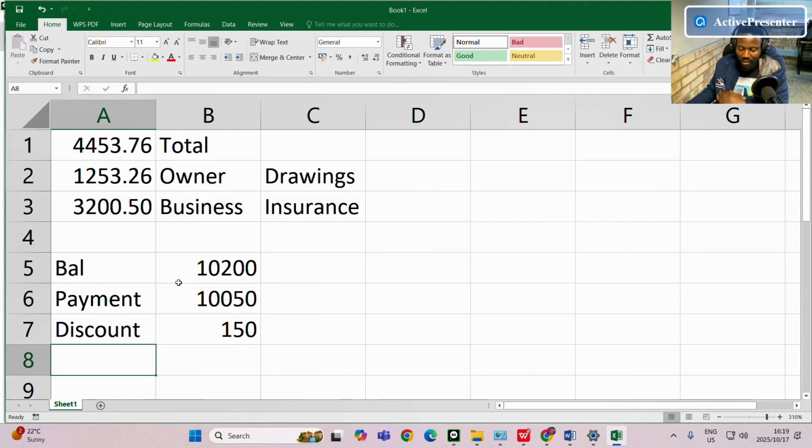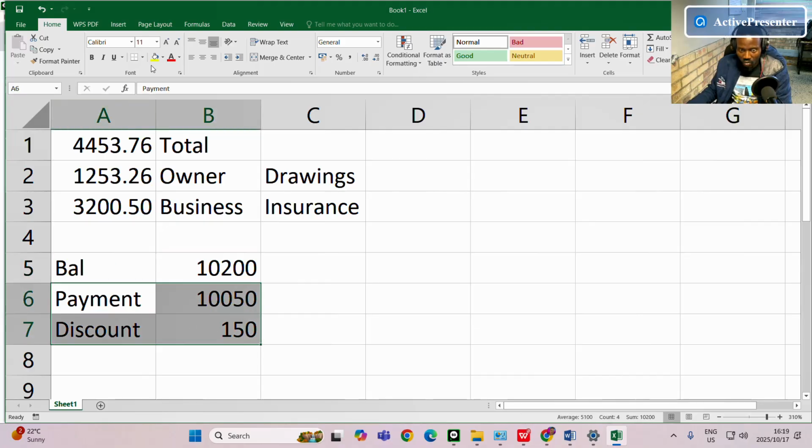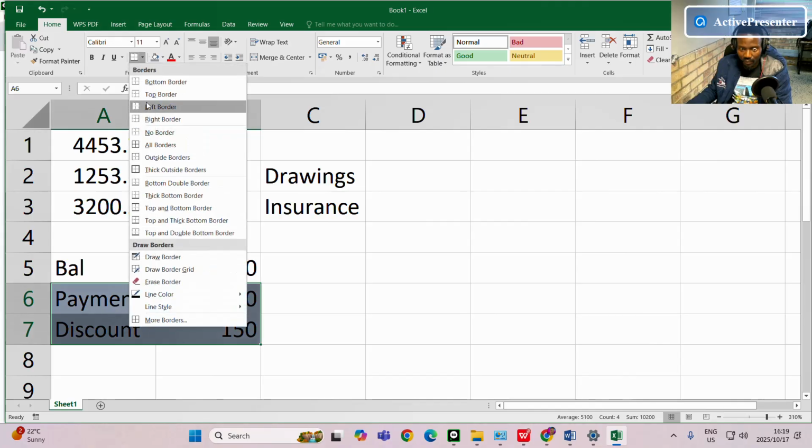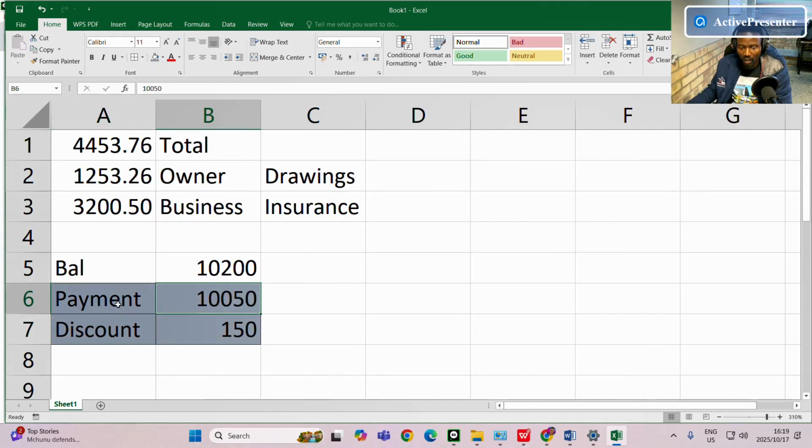Once you settle the account, it means you do not owe anymore. So we were owing 10,200. However, we paid 10,050, meaning the 150 was not paid, but instead was given to us as a discount. So these are the two amounts which we are going to record. So we're going to record this as a payment and we're going to record this as a discount.